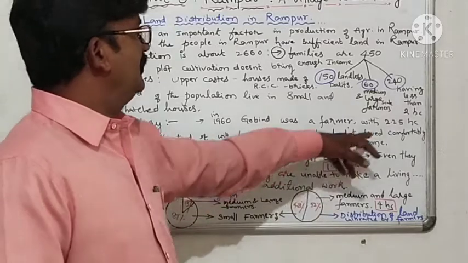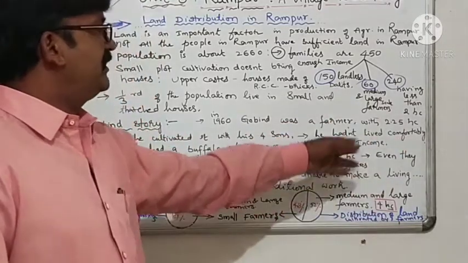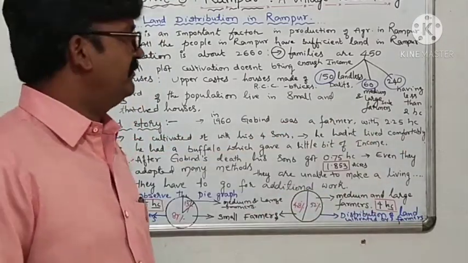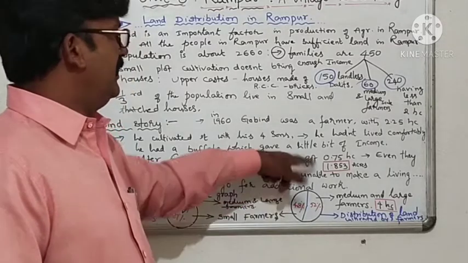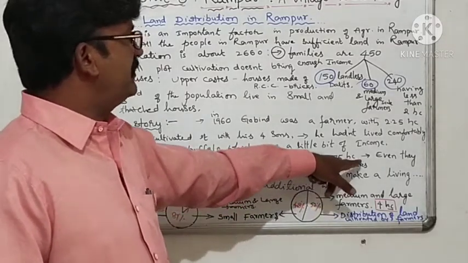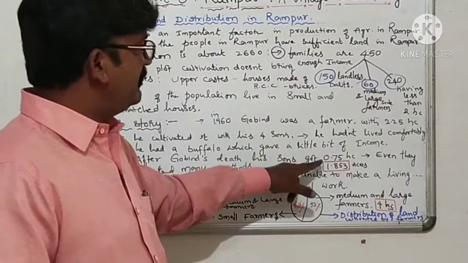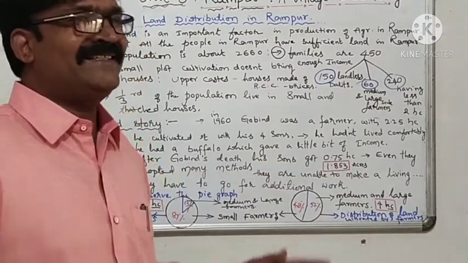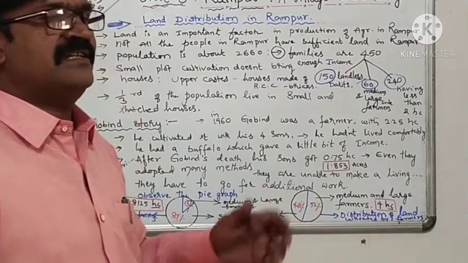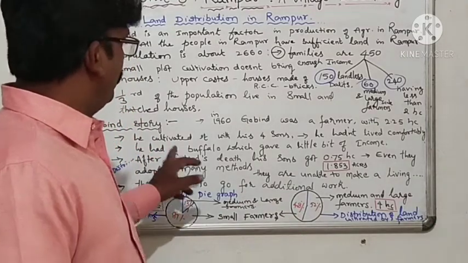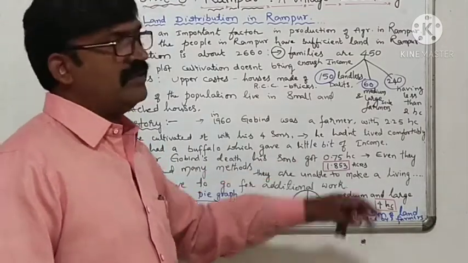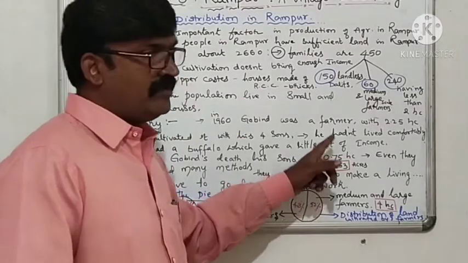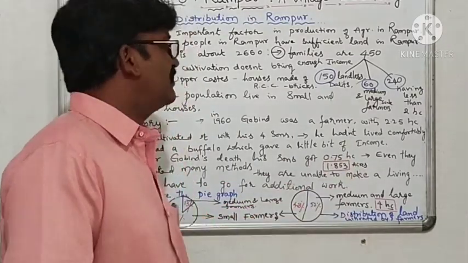If we divide 2.25 by 4, we get 0.75. So 0.75 hectares, that means 1.853 acres of land, each of his sons got.